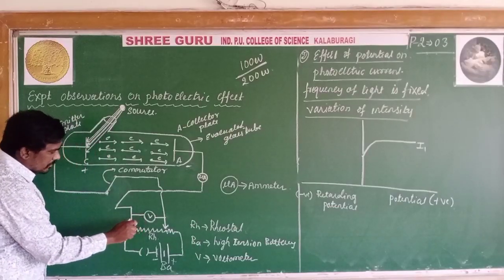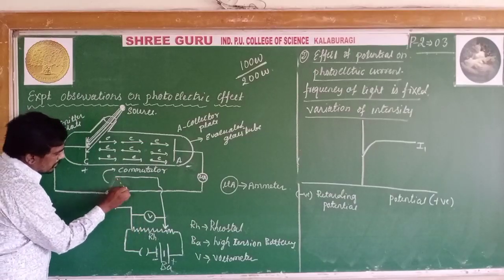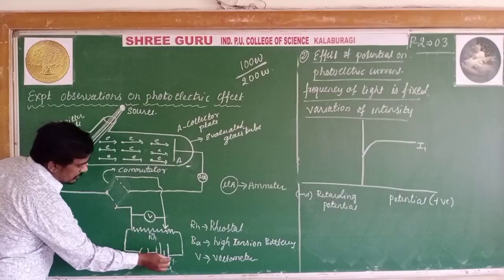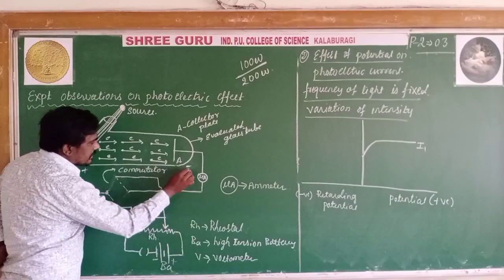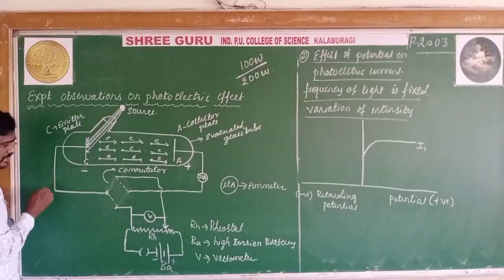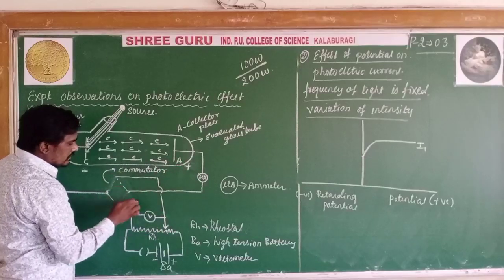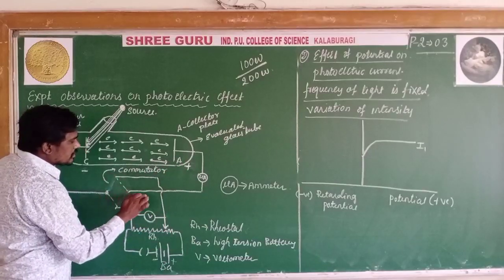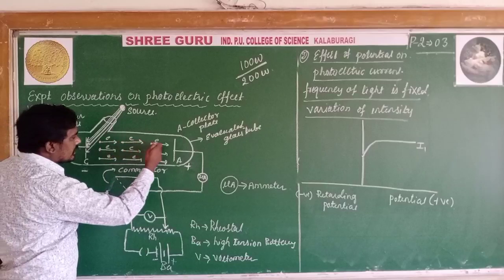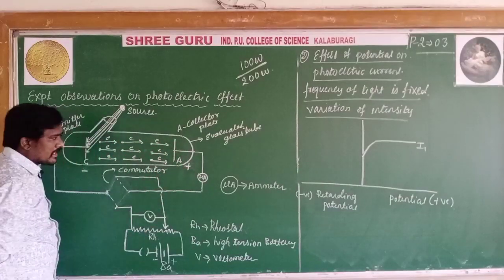Now if we increase the potential, initially the positive terminal of the battery is connected to the anode and the negative terminal of the battery is connected to the cathode, and this anode plate accelerates positive ions and these electrons are attracted by those positive ions, constituting a current.